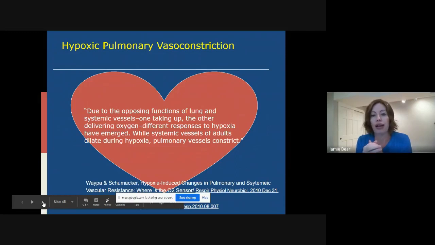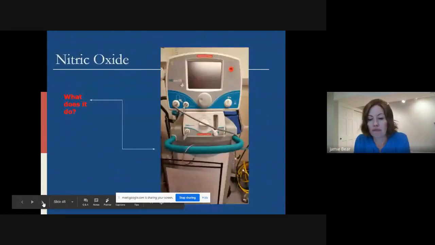Also, if we don't have the appropriate amount of blood pressure pushing that through, or blood flow going through the lungs, then it's not going to fill up with oxygen like it's supposed to at that alveolar capillary membrane. So as a result, patients can become really hypoxic, and you'll see blue lips, you'll see blue fingers. They'll have to have a high dose of oxygen to really help these patients.